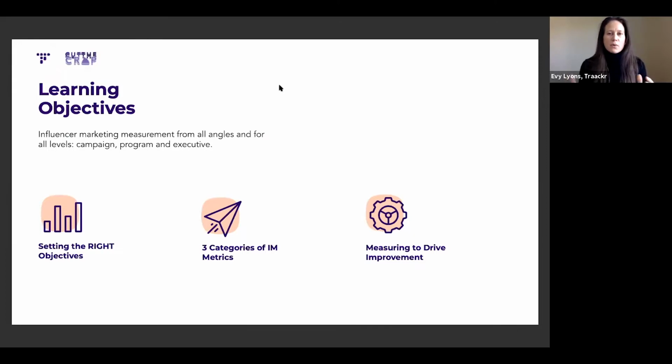Specifically, we want to cover a couple key areas. Some of these are things that people were asking about when we had the question on the registration form, what do you want to hear about? Definitely saw a lot of people talking about how to set the right objectives, how to make sure your metrics align to the objectives that you're setting.